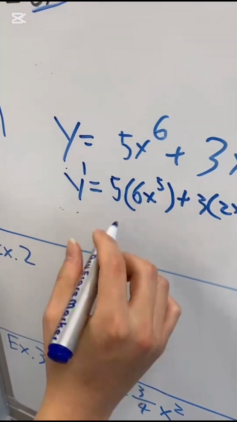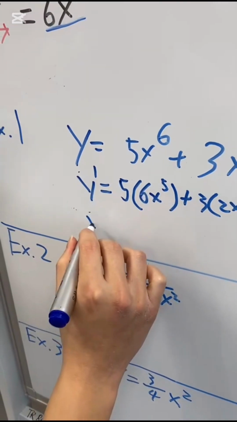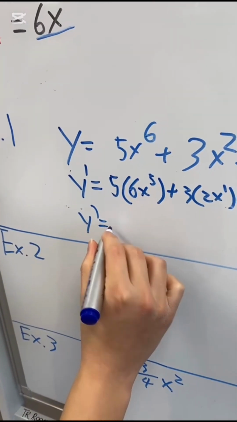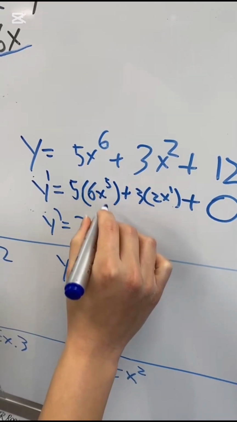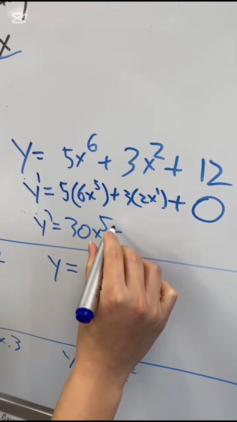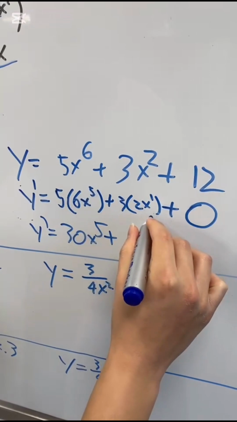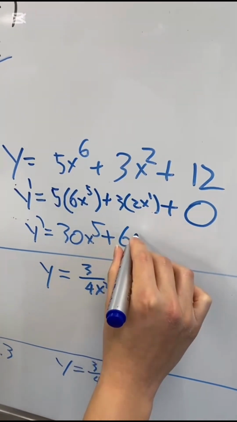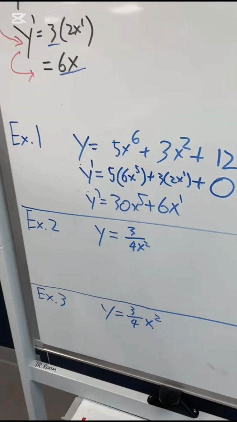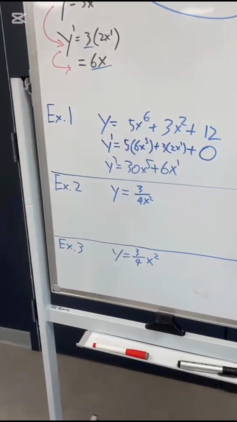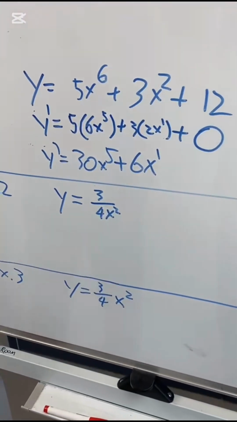Now we just round all of those up. y prime is equal to 5 times 6, 30x to the power of 5, plus 3 times 2x to the power of 1, that is 6x to the power of 1. I'm moving on to the next example.